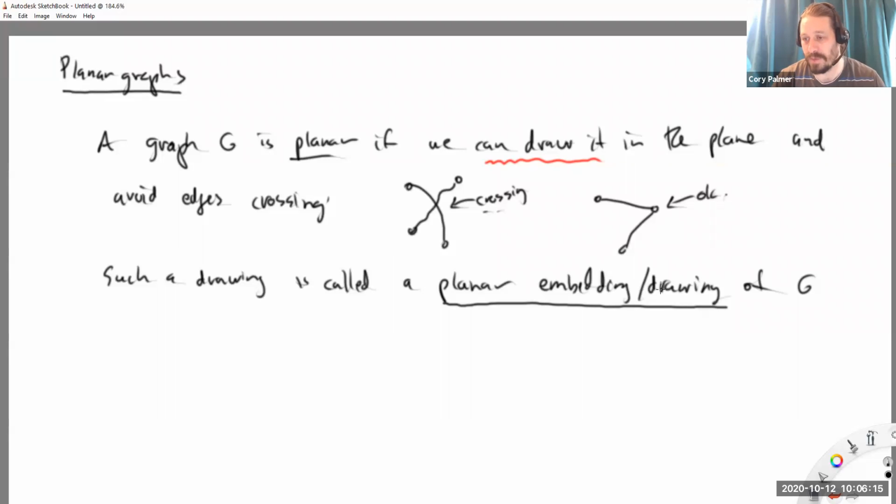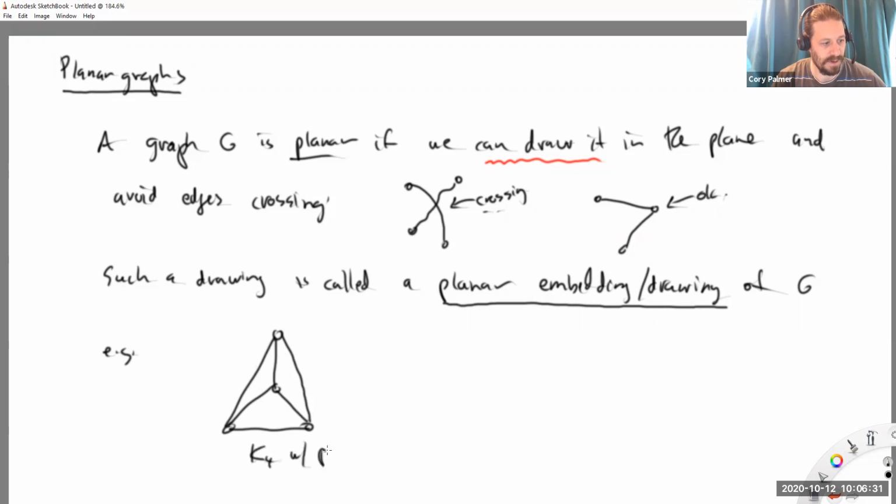Generally, when a graph can be drawn without a crossing, we will draw it without a crossing, but not always, right? So maybe look at a simple example here. The complete graph on 4 vertices is planar, and that's a proof, right? That's K4 with a planar embedding. Actually, we're just going to use the shorthand PE, so we'll call this PE, a planar embedding.